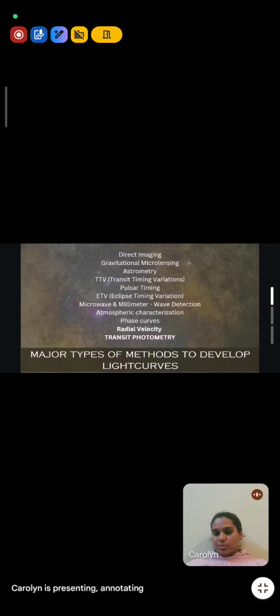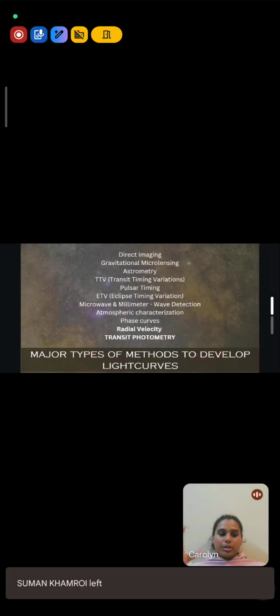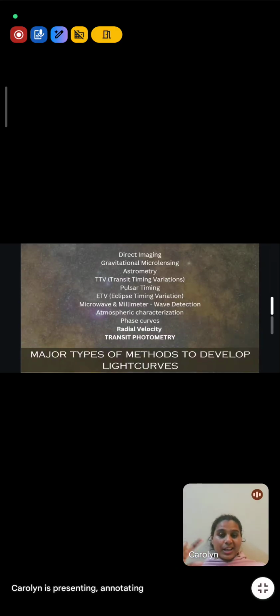And next we have astrometry. Astrometry involves measuring some small shifts in the position of a star, and these small shifts could be due to the gravitational pull of an orbiting planet. This pull can produce variations, and these variations can be noted.